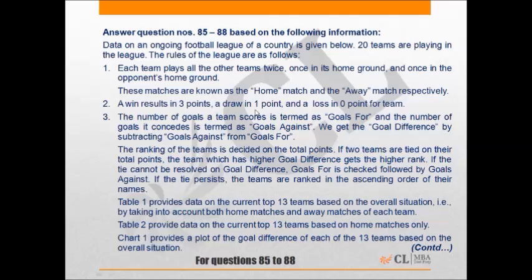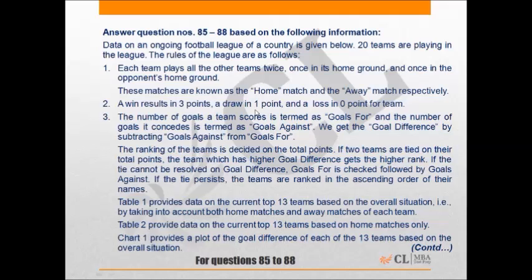Each team plays all the other teams twice, once in its home ground and once in its opponent's home ground. So each team plays exactly 2 matches against each of the other teams, and one match is played at the home ground and another one at the home ground of the opponents.